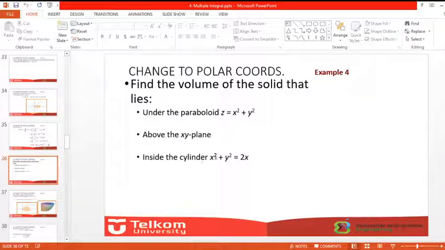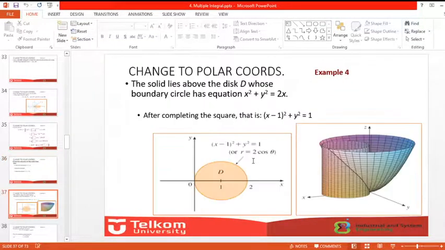Since this one, r square equal 2 times r cos theta. Okay, so means that the minimum r is 0, the maximum r should be r equal 2 cos theta. Okay, means this one. So we get this one, r to 2 cos theta. Okay, so the picture should be like this.